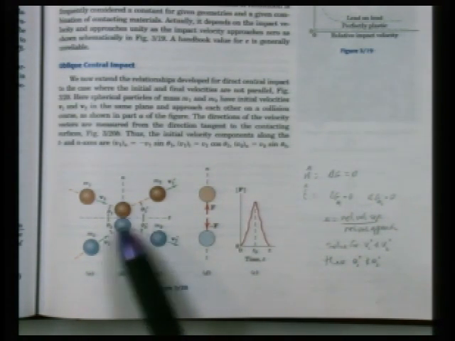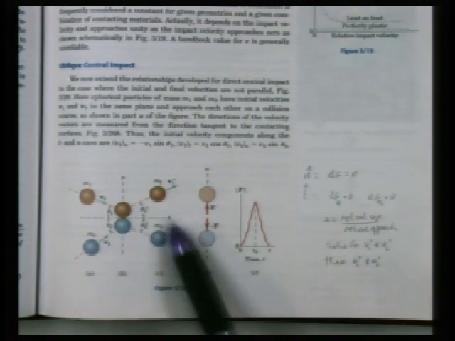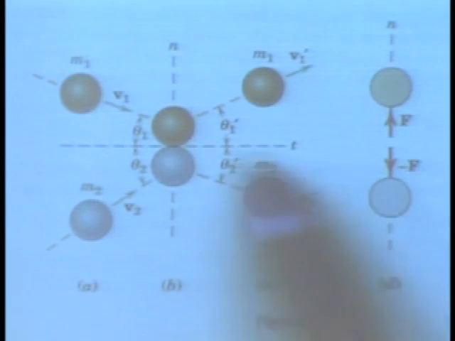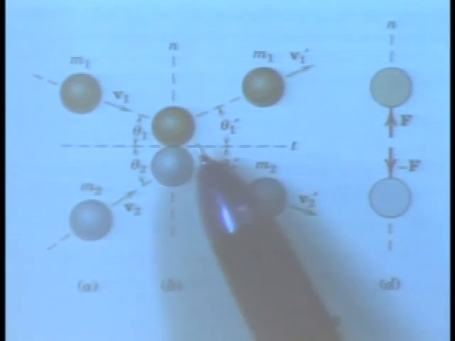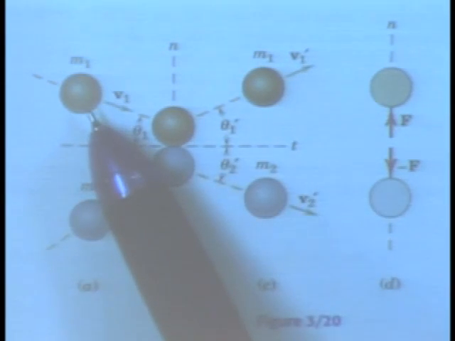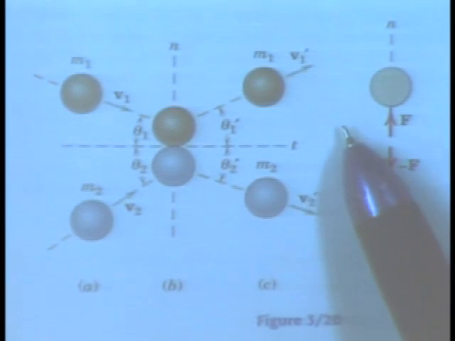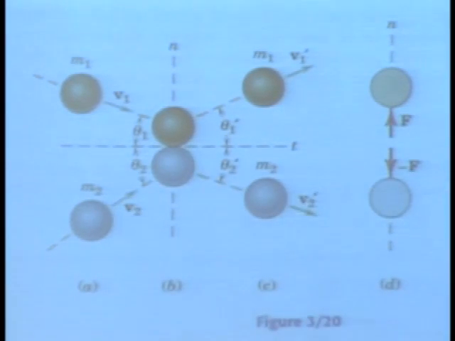Okay. If you look along the tangent line here, there are no forces between the interaction of the bodies in the tangential direction. So that means each particle, each mass separately, must have conservation of linear momentum in the tangential direction. I wrote a little summary over here on the side.